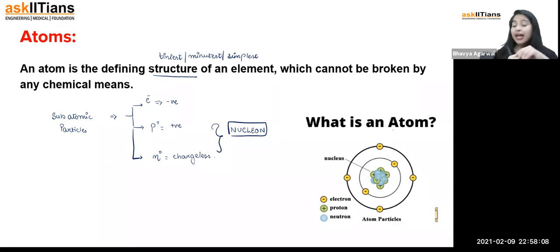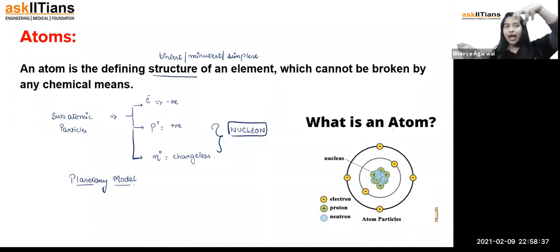We have a model of arranging these subatomic particles in an atom, and that model we call the planetary model. As you know about the solar system, there is the sun, and all the planets revolve around it.